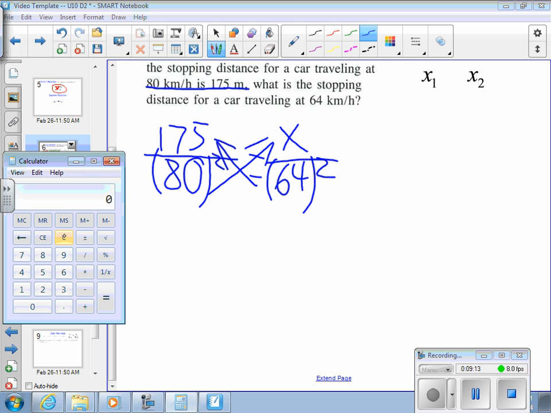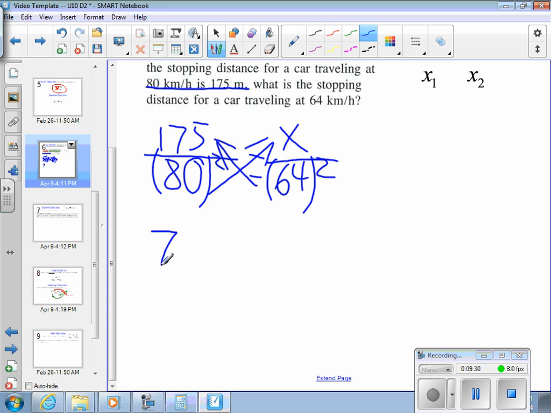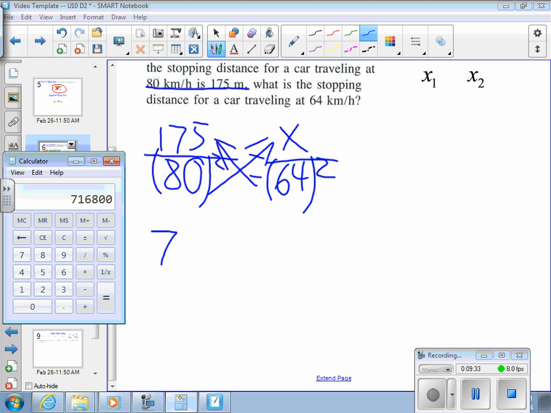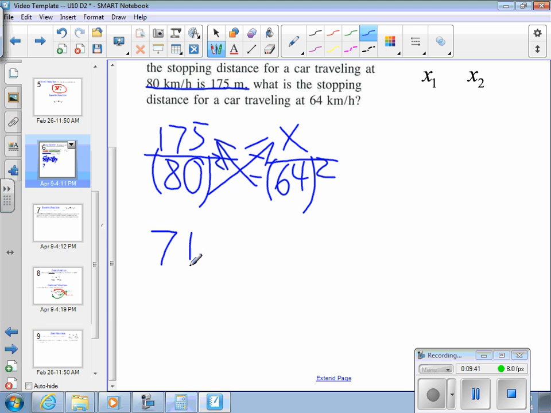So I'll clear it and try again. 64 times 64 times 175 equals 716,800.